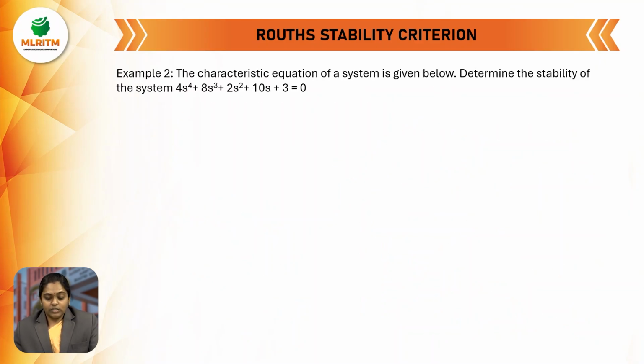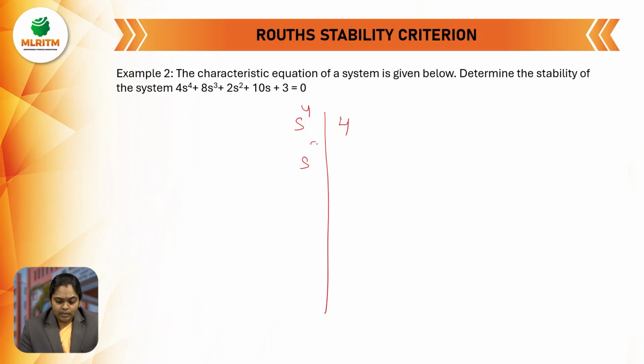So same procedure. In this case, the highest power of S is 4. So from the question, I'll be writing the first 2 rows. S power 4 coefficient is 4. S cube coefficient is 8. 2, 10, 3.